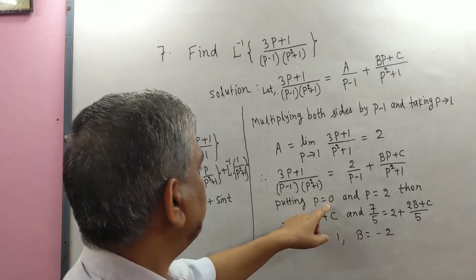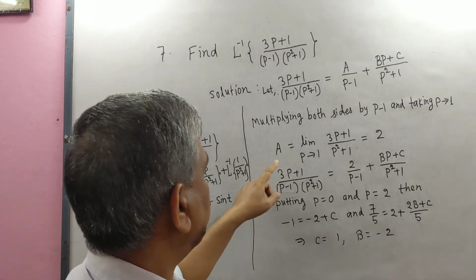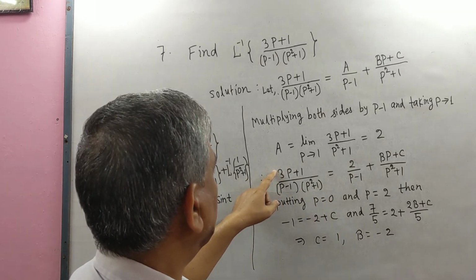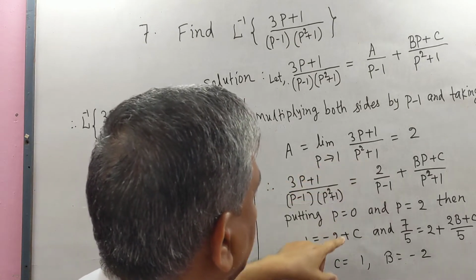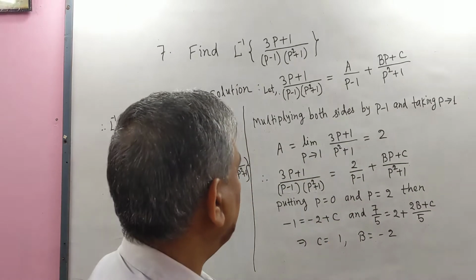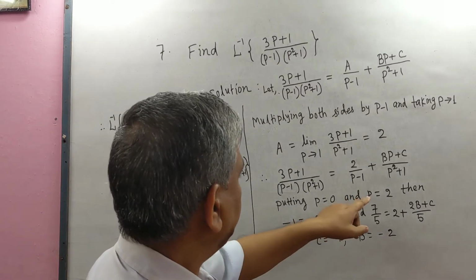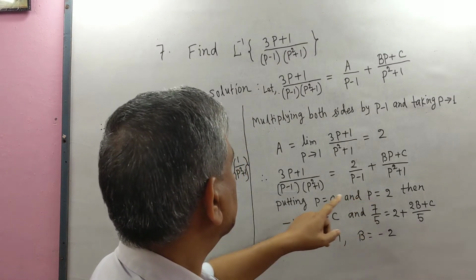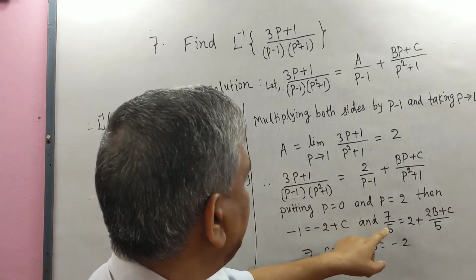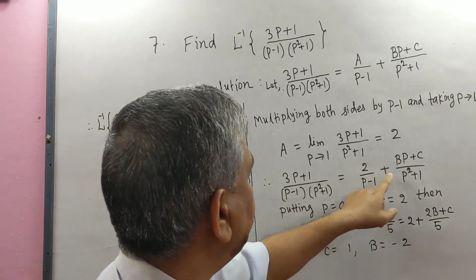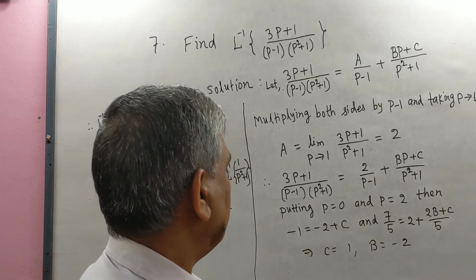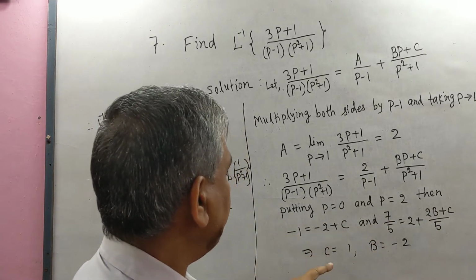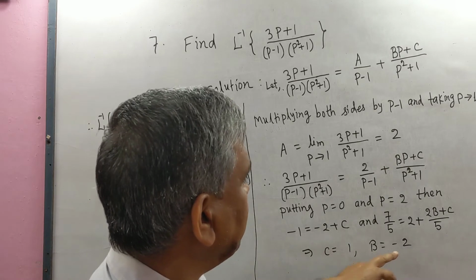If we put p equal to 0, then the left side will be minus 1 and the right side will be minus 2 plus c. Again, putting p equal to 2, the left side will be 7 by 5 and the right side will be 2 plus 2b plus c by 5. From these two equations, we get c equal to 1 and b equal to minus 2.